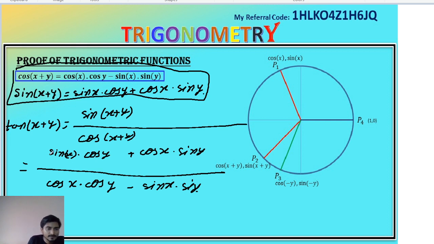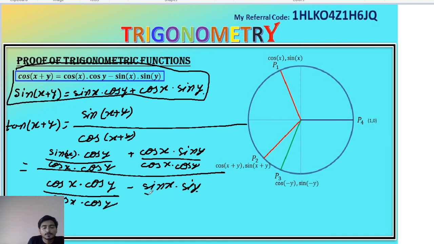So if I divide this term by cos x into cos y, this also by cos x into cos y, this also, and this also. Now let's see what all cancels out first. This and this goes, this and this goes.